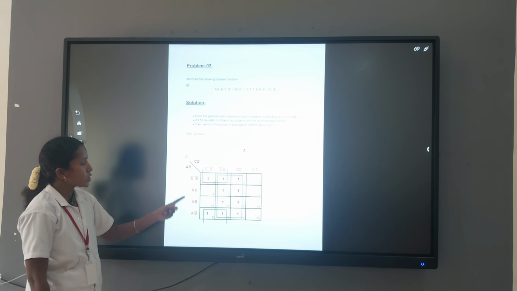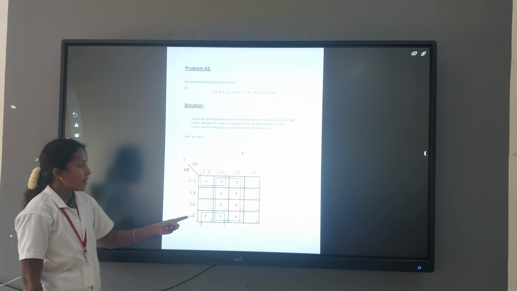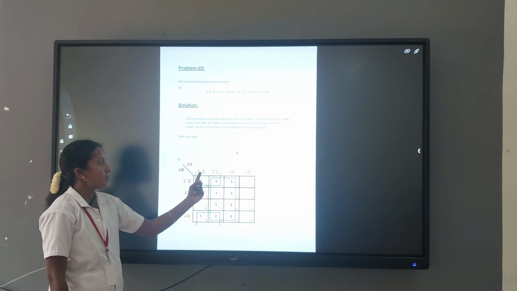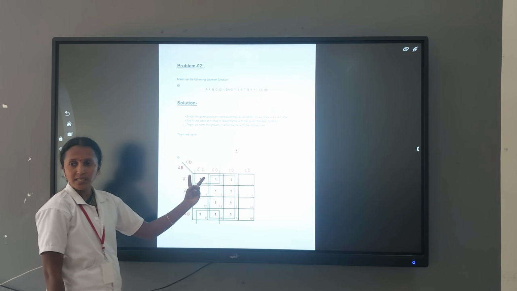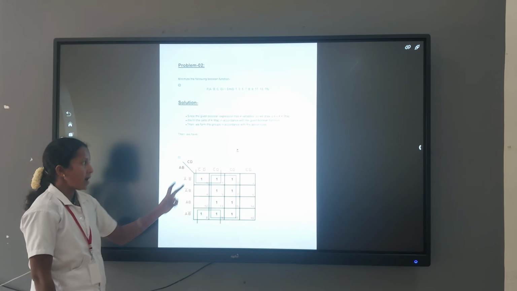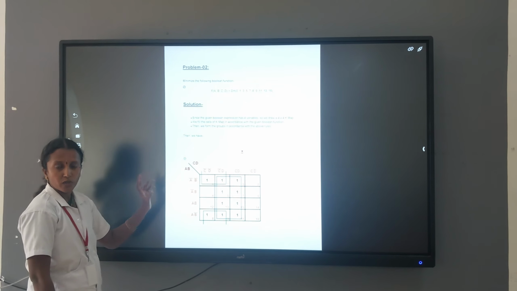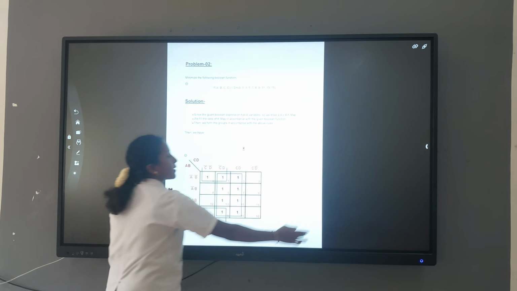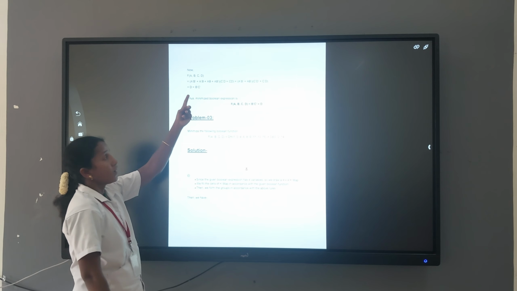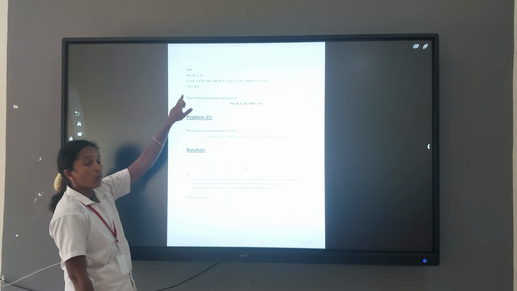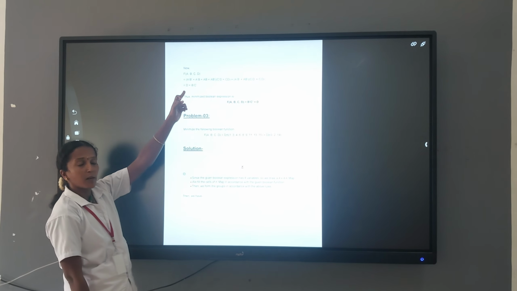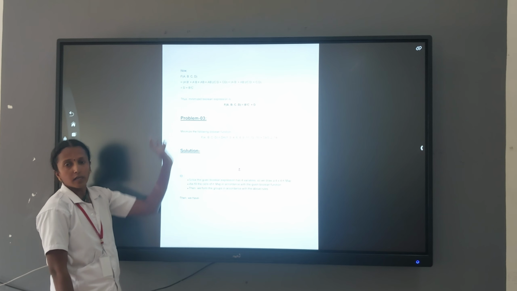Which variable is common here? B bar is common. Here C bar B bar, C bar B, which one is common? C bar. So the final expression is B bar C bar. So the 8 ones give B and the 2 ones give B bar C bar. Okay, thank you.